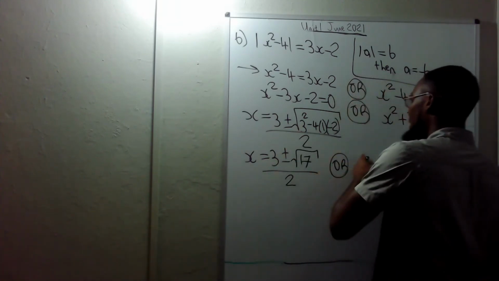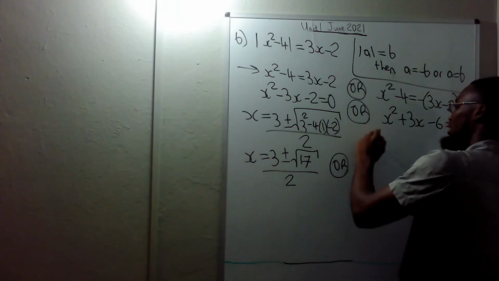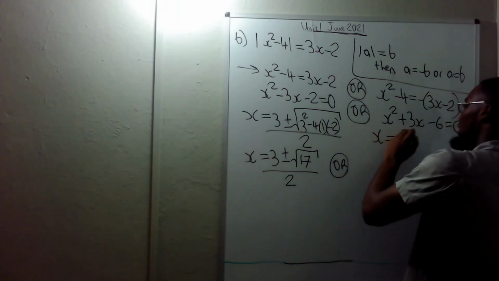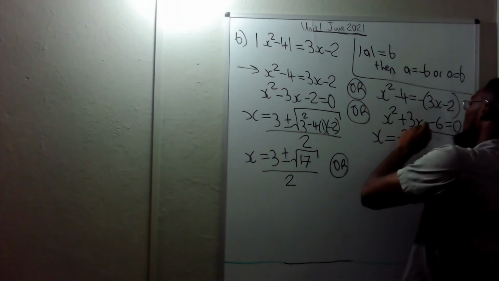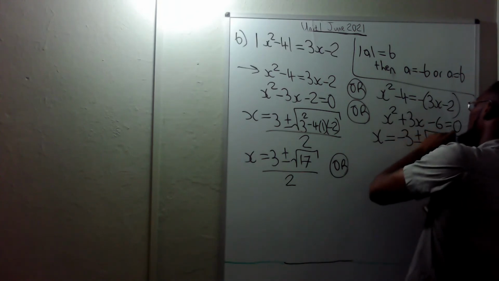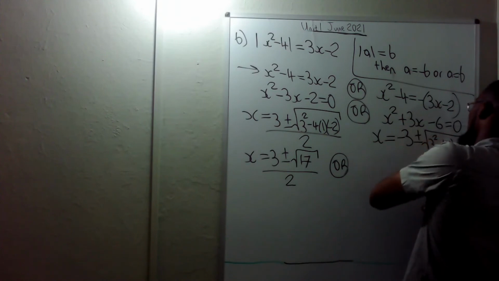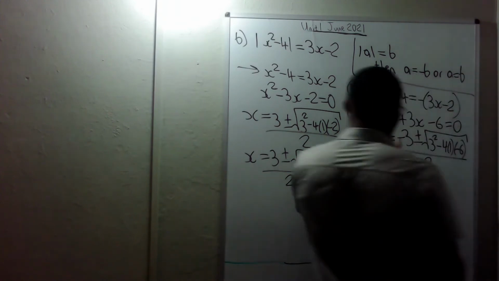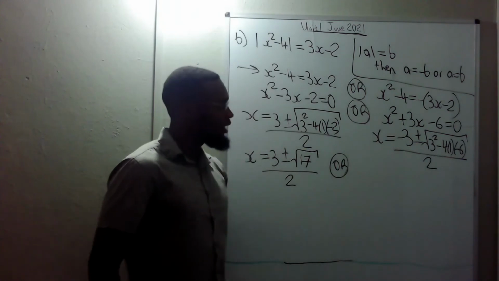And for the second one, we're getting x equal to minus b plus or minus the square root of b squared minus 4 times a times c, divided by 2a. That's what we're getting for the second part.